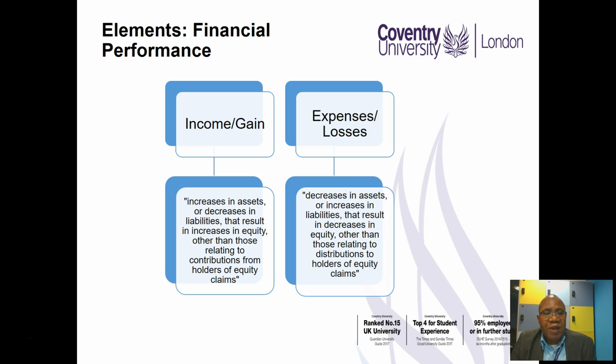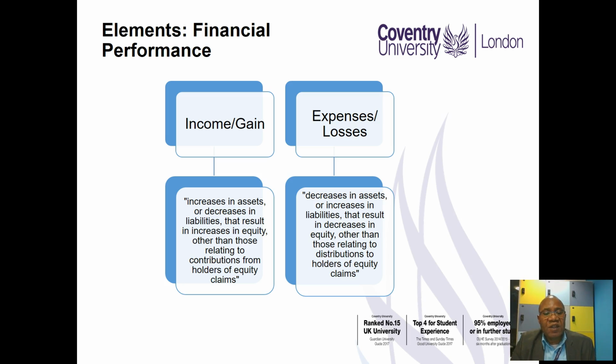The other two elements are in the statement of financial performance or comprehensive income, and that would be gain and loss or expenses. Income or gain is an increase in assets or perhaps a decrease in liability that results in increases in equity, other than those relating to contributions from holders of equity claims.